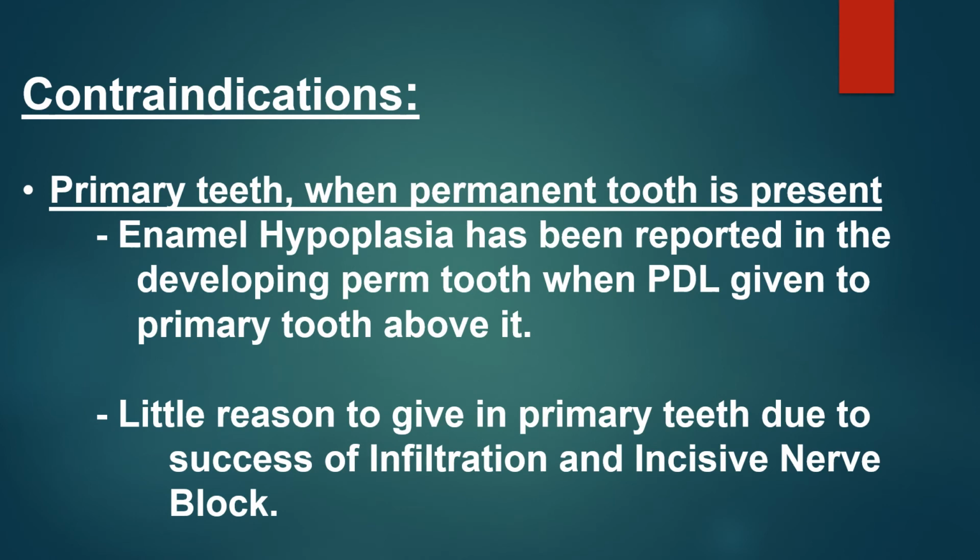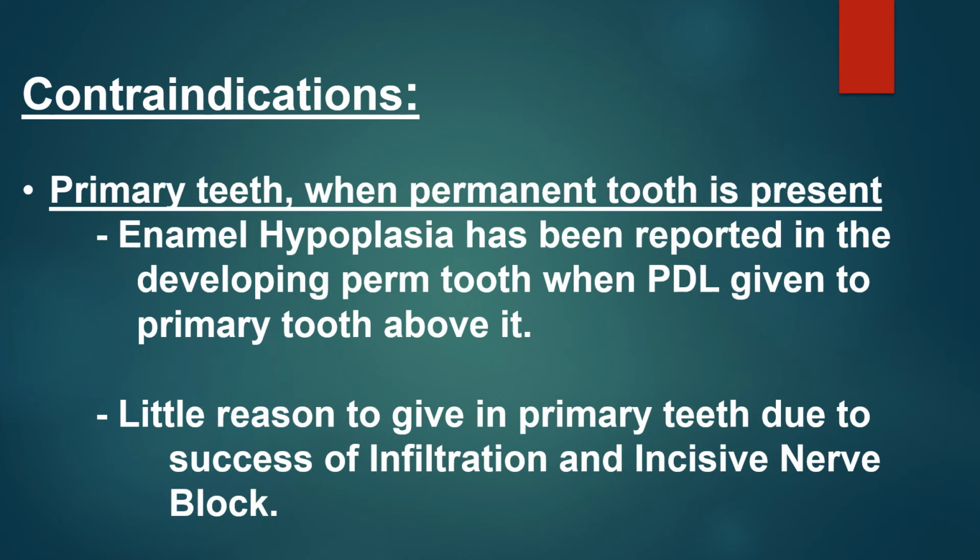Some contraindications to this would be primary teeth. If you have a permanent tooth that is right behind a primary tooth, maybe you can just see the very tip of it, you would never give one of these, because they have reported enamel hypoplasia in the developing permanent tooth when the PDL is given to a primary tooth. The best way to do this is to look at x-rays.